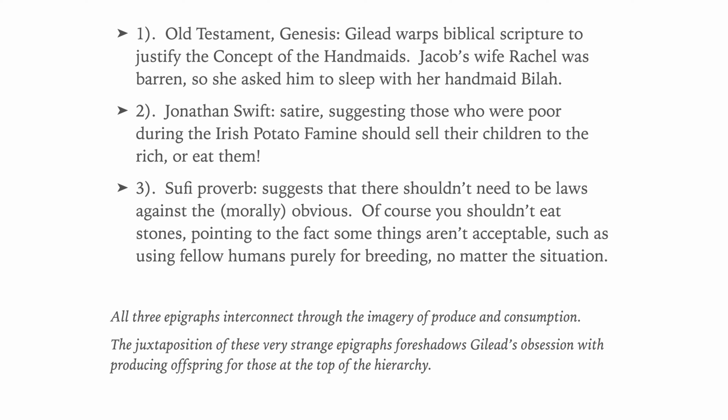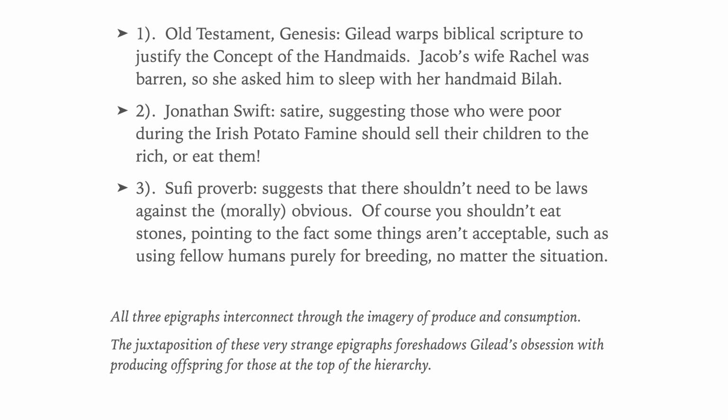All three interconnect through imagery of produce and consumption. They're juxtaposed, placed side by side, and very strange and weird, but they foreshadow Gilead's obsession with producing offspring for those at the top of the hierarchy. Each one highlights the moral wrongdoing of Gilead's regime.